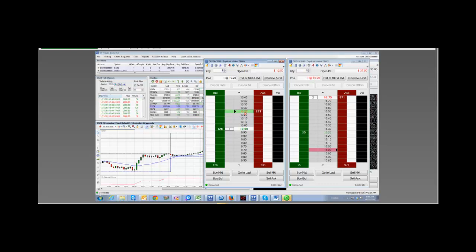That's what makes it a credit spread. We sold the more expensive leg and bought the cheaper leg, and that was the difference between the two. You see here our spread price is $575, which equals what we were credited in this case.